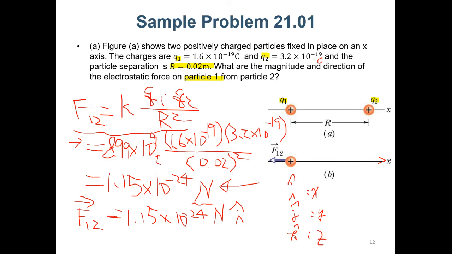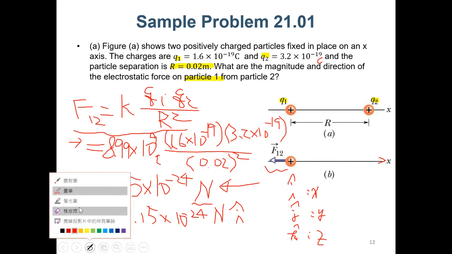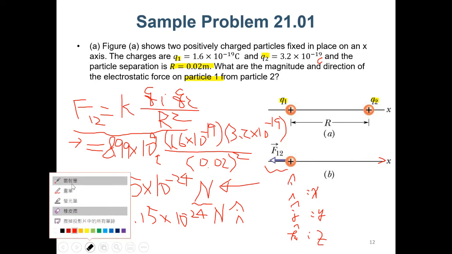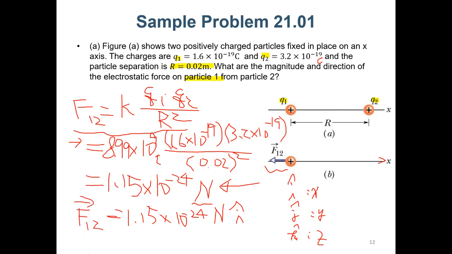So we use i, j, k. And actually, F12 points to the left side, so it is a negative i here. Any questions? No questions. Very simple.